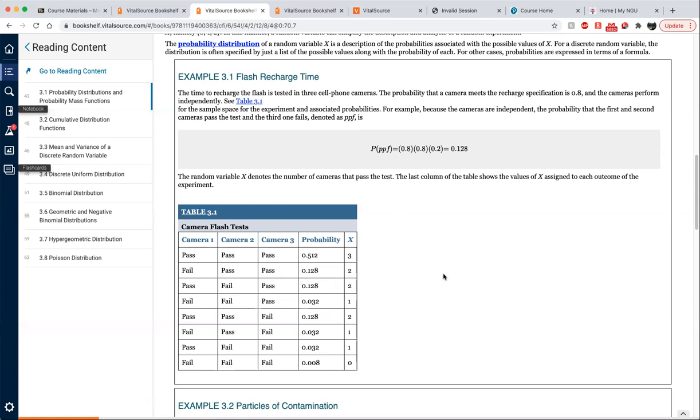That means two cameras fail and one camera passes. It's 0.2 times 0.2 times 0.8, which is 0.032. You see it here. So for each value of the random variable, each probability is unique.